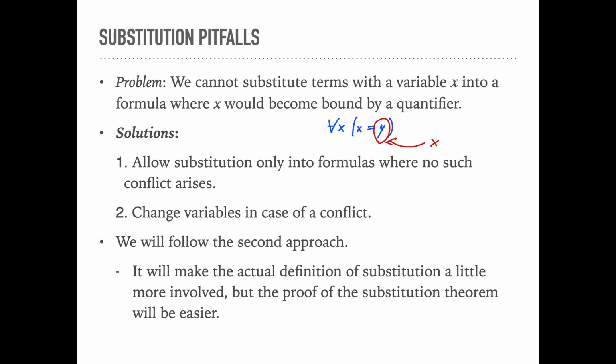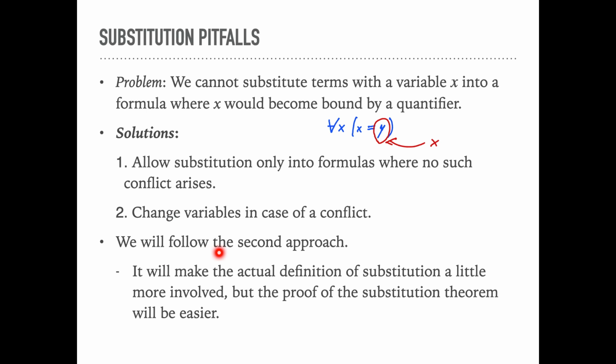There are two possible solutions to this when defining substitution. One, you could, from the beginning, allow substitution only into formulas where no such conflict arises. Or the other solution would be, since any formula has only finitely many variables, we can just find a variable that avoids that conflict, and we change the variables accordingly.